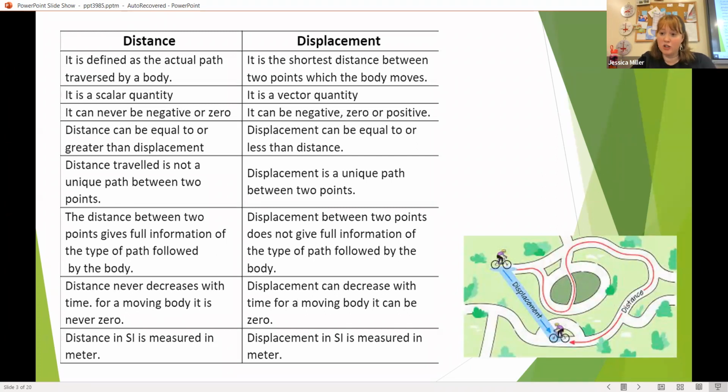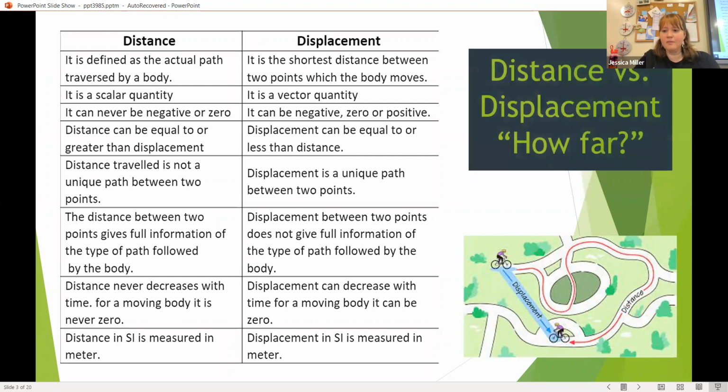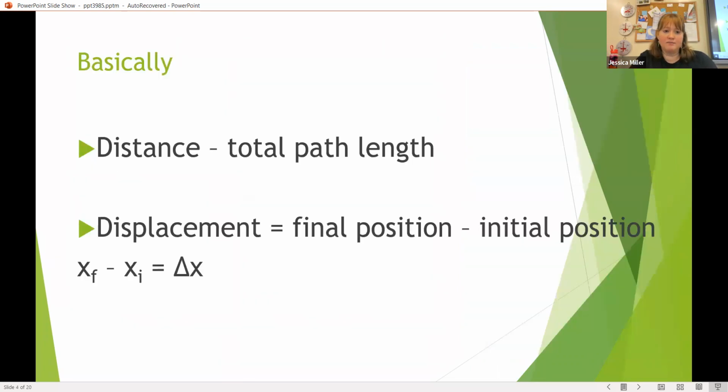Okay, because you're going to use this chart to create a Venn diagram. I want you to notice things that are unique to distance and unique to displacement, but also how they are similar. Put that in the middle. So both of these simply describe how far something is traveling.